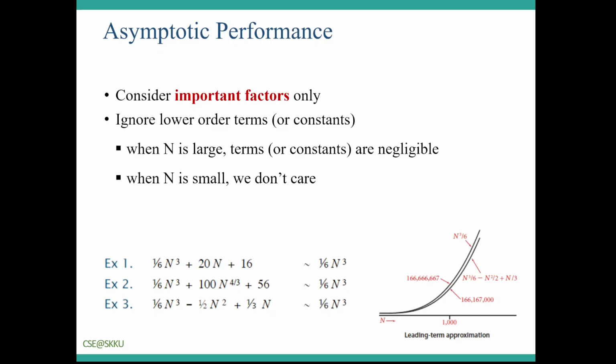From that point on, Gn becomes larger than Fn. Actually, from n equals 75, Gn is always greater than or equal to Fn.